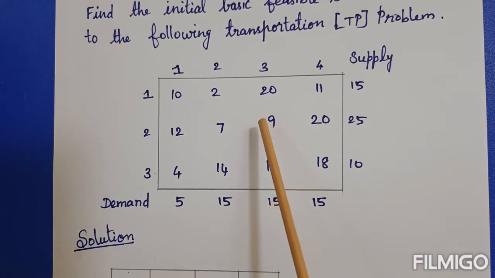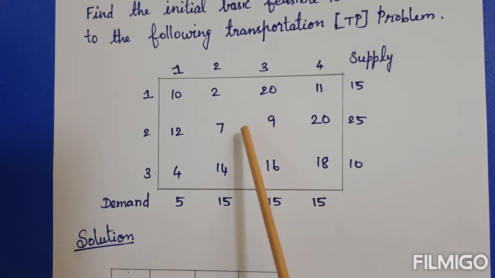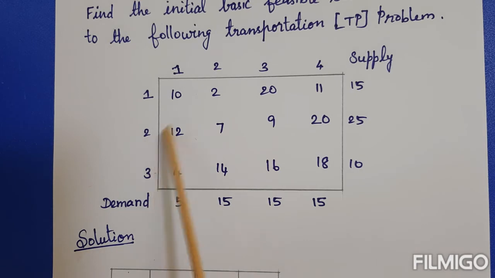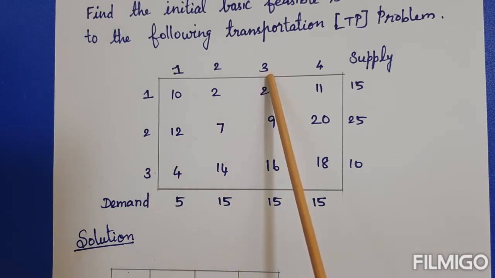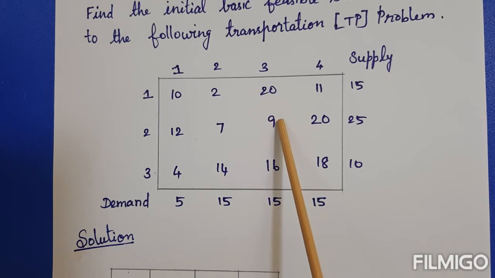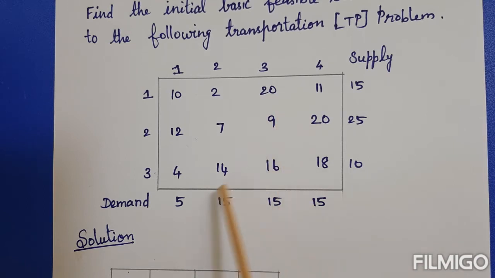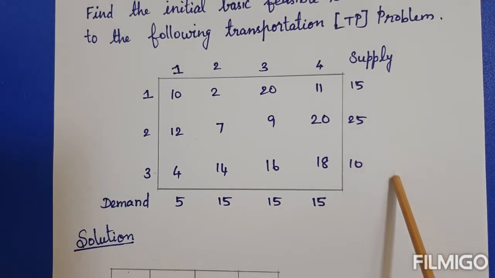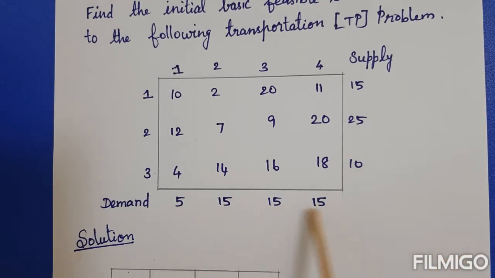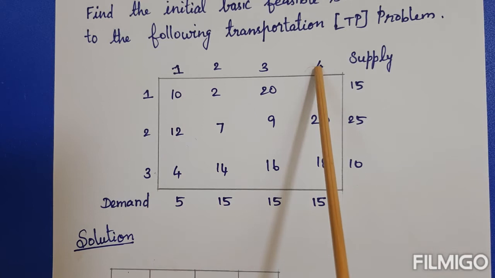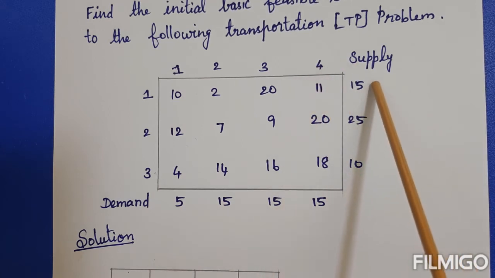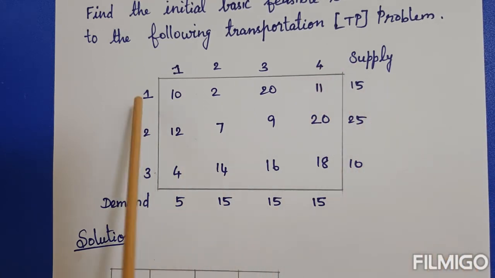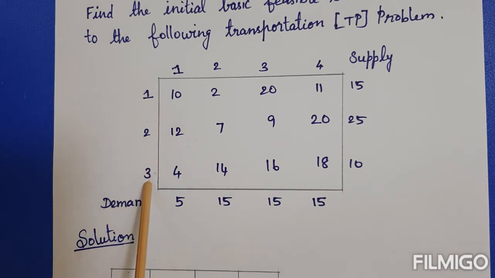This is the cost of transporting one unit of commodity from S2 to D3. That is C23. These are the demands and these are the supplies. These are the demands or requirements for these destinations and these are the available supply from these sources.